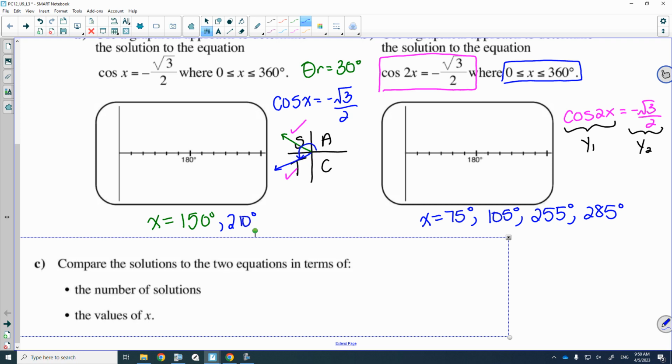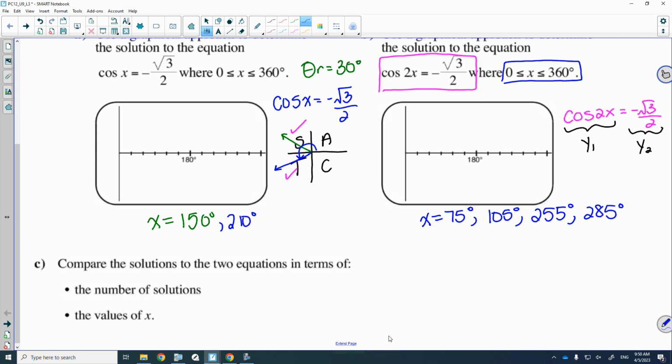So again, we've never done a question so far with a double angle like this. You'll be able to get your answer, right? And then I'll show you now how to do it algebraically. Before we do that though, you could sort of notice something. So the only thing that I changed in these two equations, everything is identical except for the argument. This is x and this is 2x, okay?